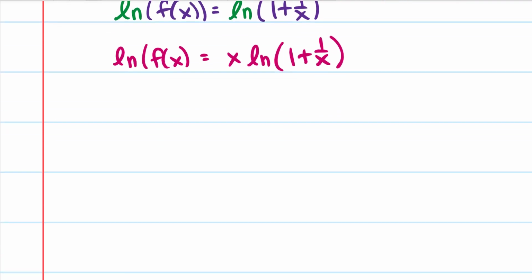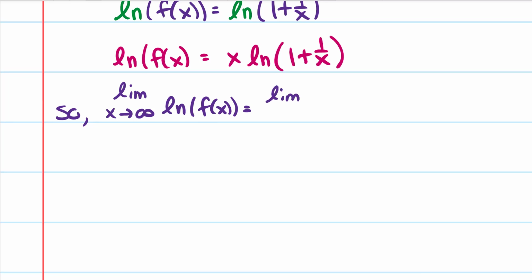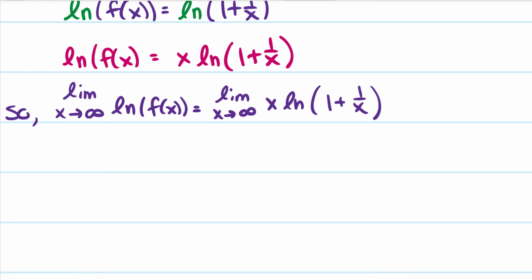So what we've just done is the limit as x approaches infinity of ln of f of x is equal to the limit as x approaches infinity of x ln of 1 plus 1 over x. Now our goal is to make this into a fraction. So this is actually going to become ln of 1 plus 1 over x divided by something.